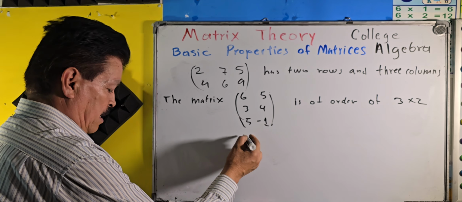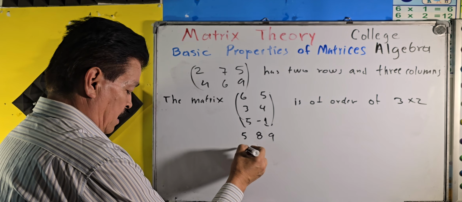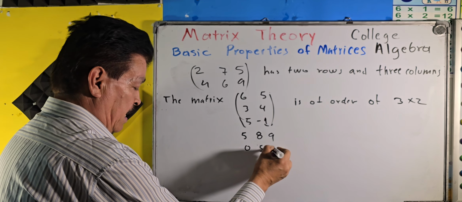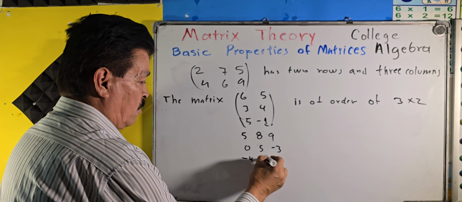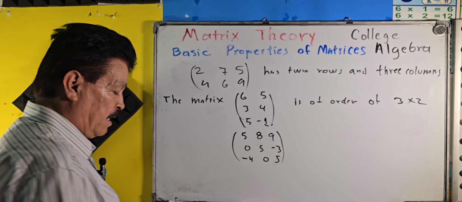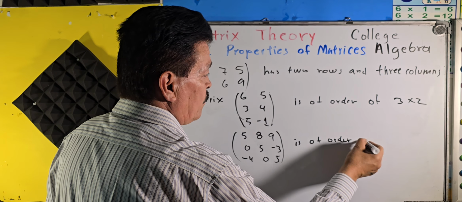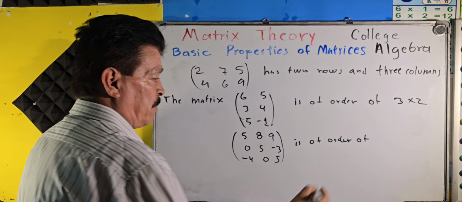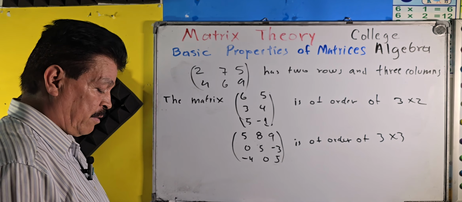Let me write another example here. Let's write 5, 8, 9, and then 0, 5, -3, and then -4, 0, 5. This is another example of a matrix. It is of order 3 by 3.